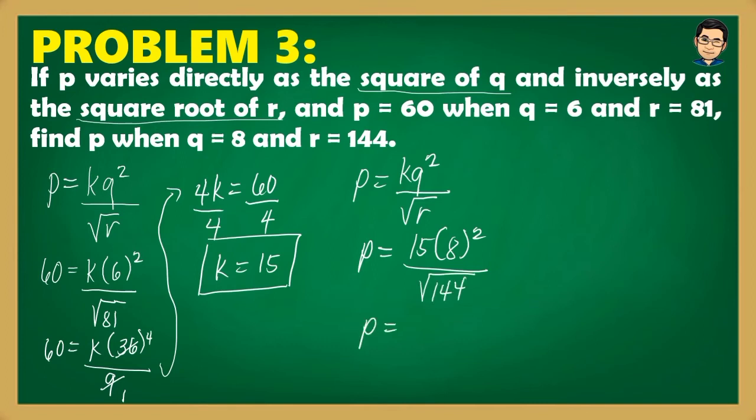Then, p is equal to 15 times 8 squared, that is 8 times 8, so 64. And then all over the square root of 144, that is 12.